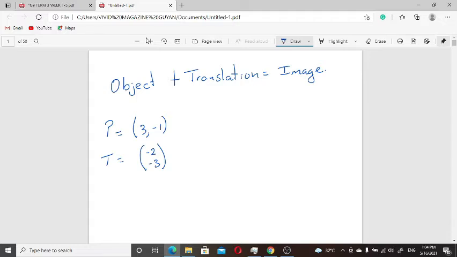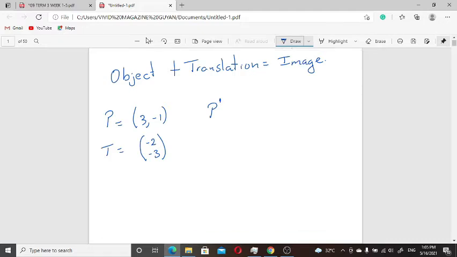So this is where you need to understand something. P, or any letter that's by itself, is the object. T is your translation. The image will be written P with a small one, or P prime. That's what you have to solve for.